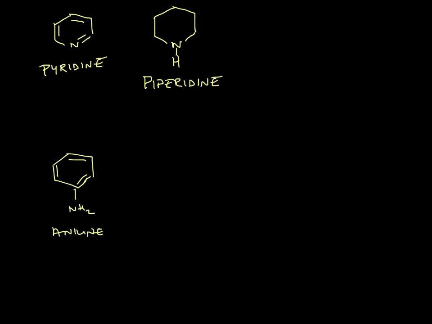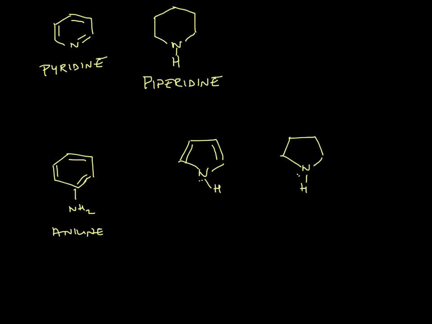So those are the 6-membered aromatic and non-aromatic rings that contain amines. There are also 5-membered aromatic and non-aromatic rings that contain amines, which are this one, a 5-membered aromatic ring, and this one, which is a 5-membered non-aromatic ring.